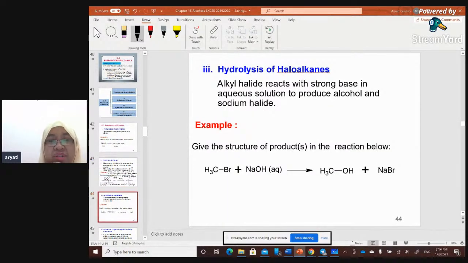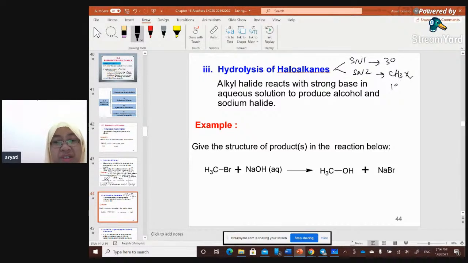Number 3 is hydrolysis of haloalkane. So this refers to haloalkane. Haloalkane reacts with strong base in aqueous solution to produce alcohol and sodium halide. For hydrolysis of haloalkane there are two mechanisms, SN1 or SN2. SN1 is for tertiary haloalkane, SN2 is for methyl haloalkane or primary haloalkane.